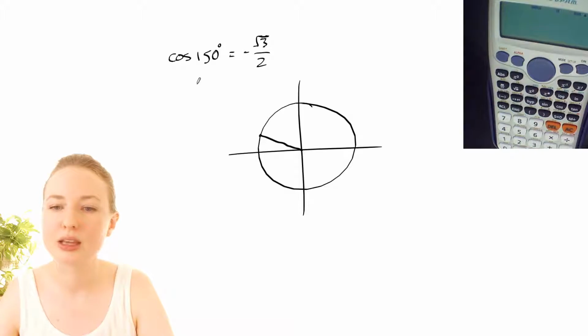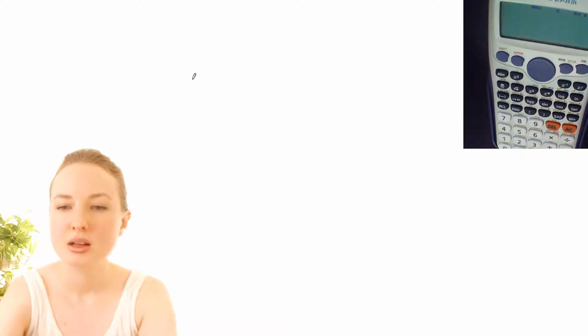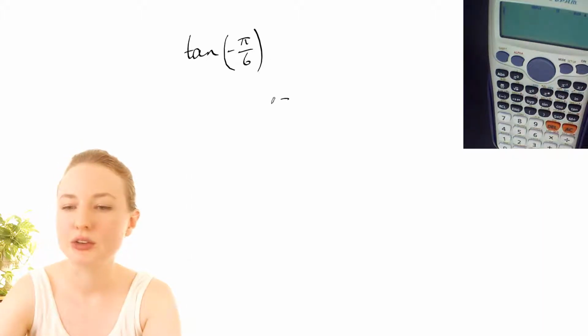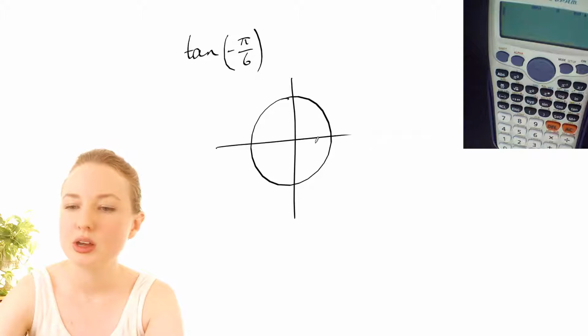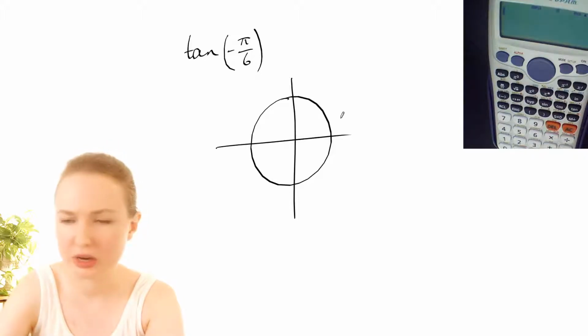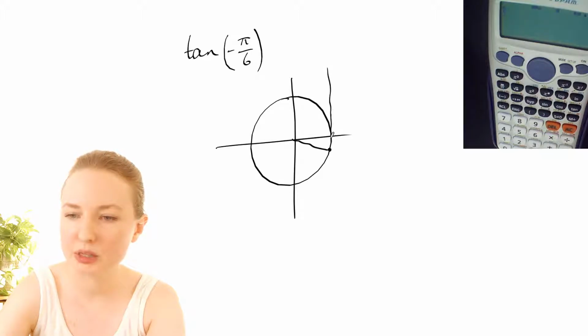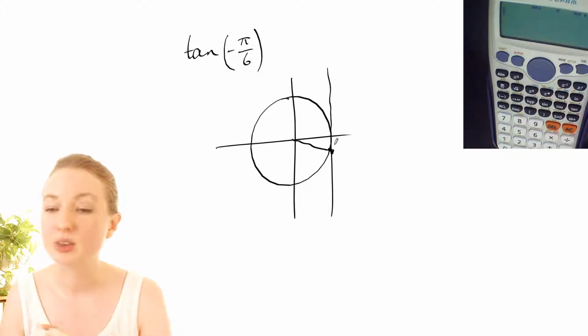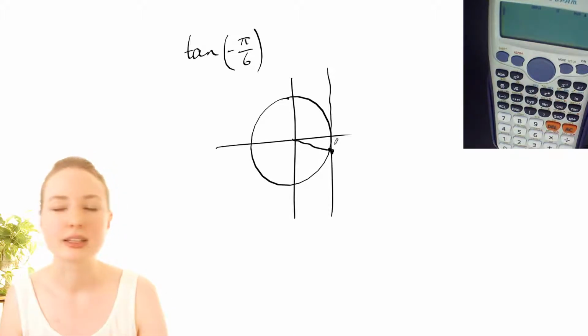If I wanted to do something like, let's say, tan of negative pi on 6, I draw my little unit circle. Pi on 6 is 30 degrees, so we want something like that. Tan of that means we extend that until it hits there. I can see that the y-coordinate there is negative, and it's quite small, greater than negative 1.